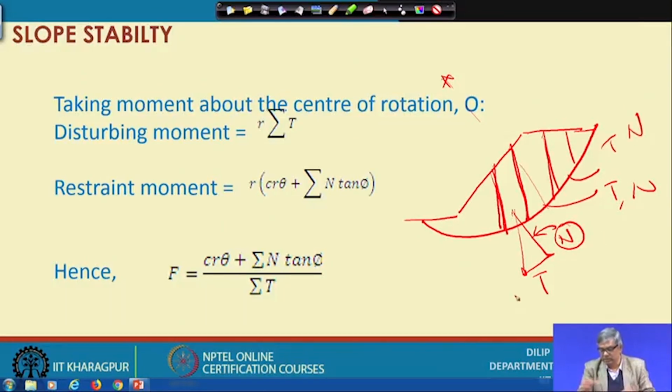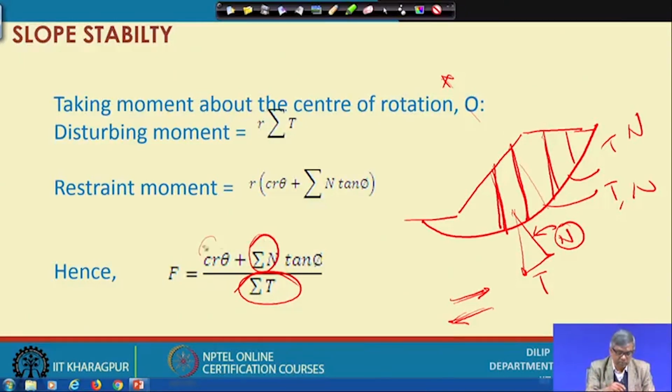All T, if they are in the same direction, I simply sum to get the total T. Sometimes, while the change happens, some T will be in this direction, some in the other direction. If I consider this direction positive, and it comes in the other direction, I will subtract it. That way this is the cumulative T, and the cumulative N will be all positive in the normal direction.